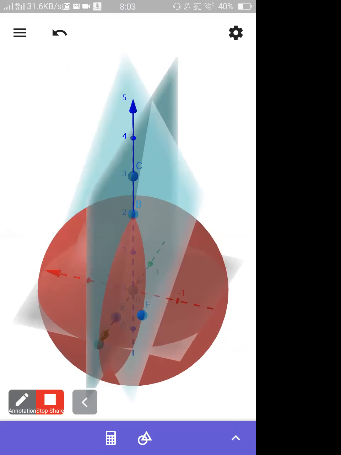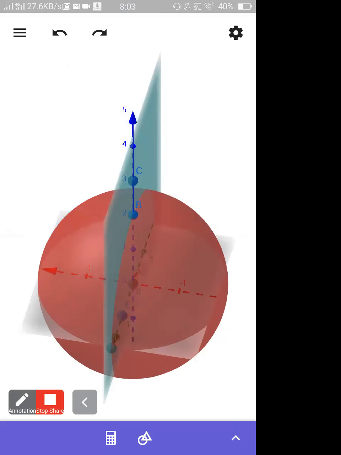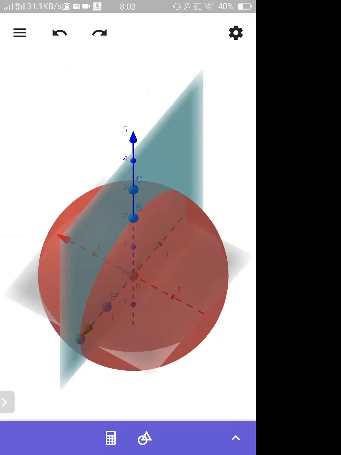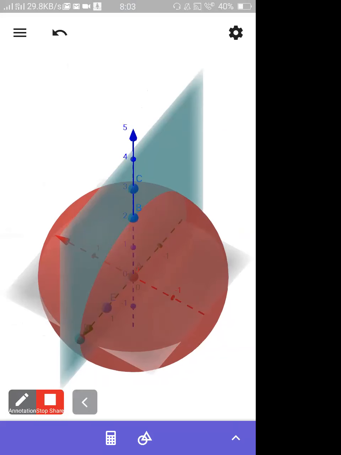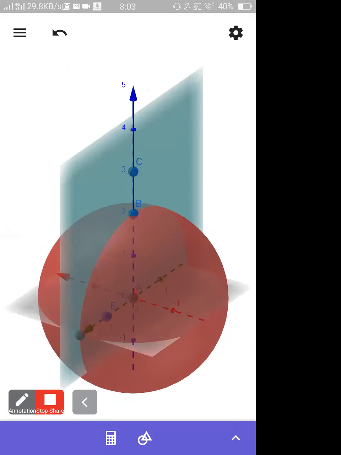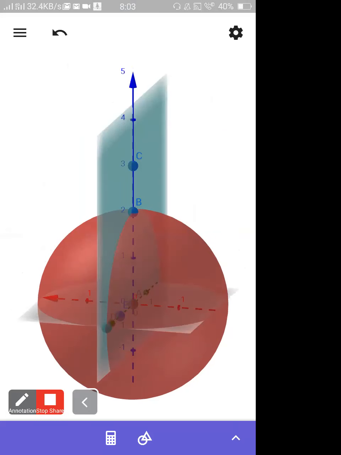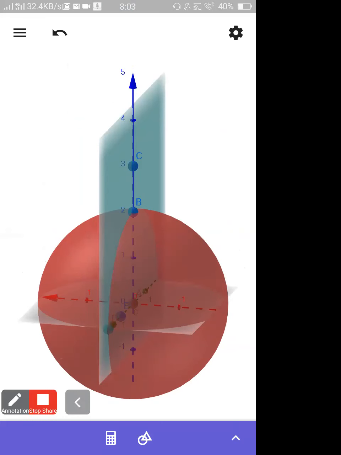Wait a bit, there's a mistake here. I'm not able to form the plane that is exactly at 45 degrees. Now I can make it.